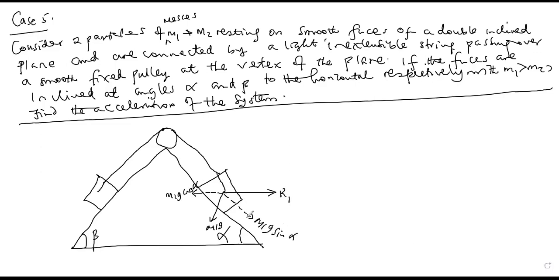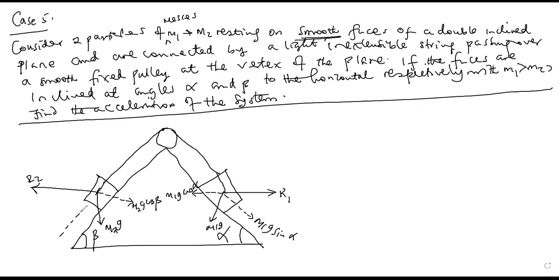Some books don't show these forces, the resolved forces. Don't blame the books, the imaginary forces, but you have to calculate while using them. So here, if this is the mass 2, it will be m2g, the weight. And then here, I'll have R2. This will be m2g cos beta.